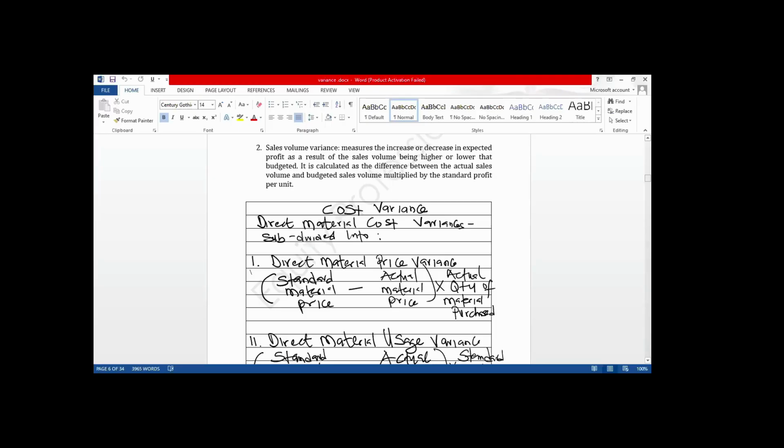Direct material cost variance, where actual material cost is different from budgeted material cost, or where your actual material cost is different from standard material cost.